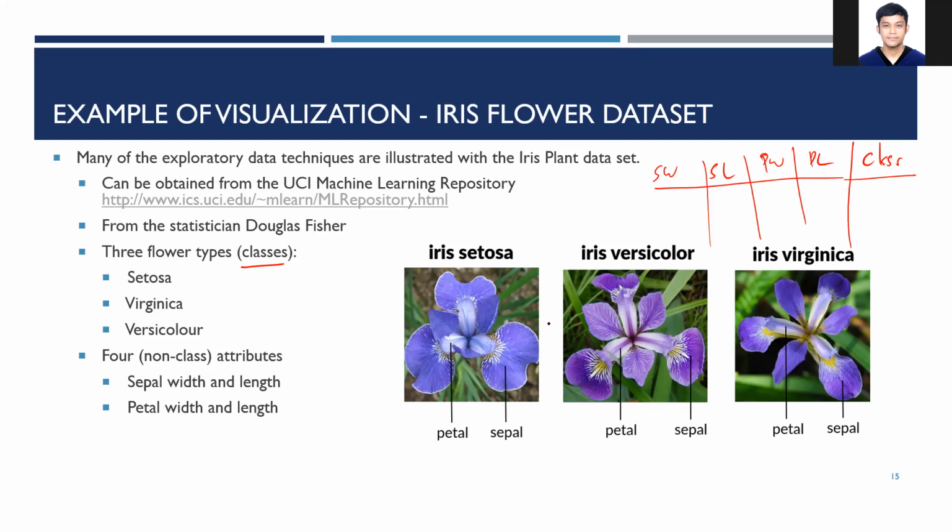This, for example, is a picture of the flower. They try to differentiate the 3 different types of flower based on the size of the petal and sepal.